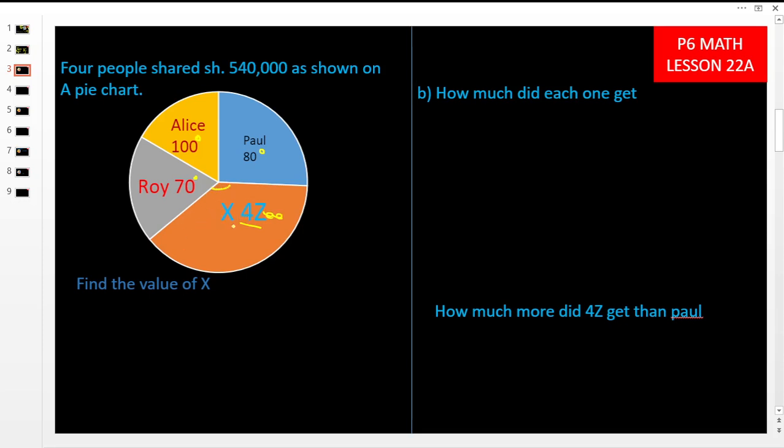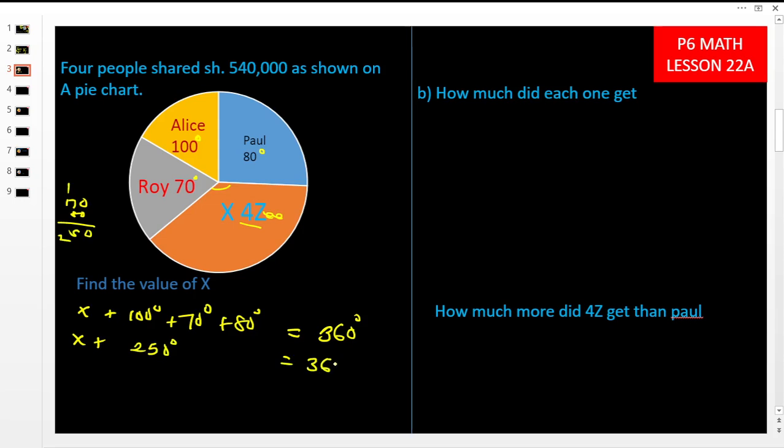Now which degree did the X share? The total degrees: we are starting with the 4Z, plus 100 degrees, plus 70 degrees, plus 80 degrees. This gives us 360 degrees. Then X plus 100 plus 70, that is 170. So 170 plus 80 is 250 degrees, and this is giving us 360 degrees.